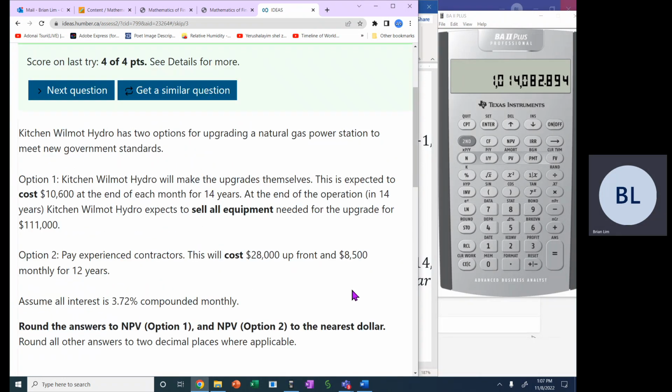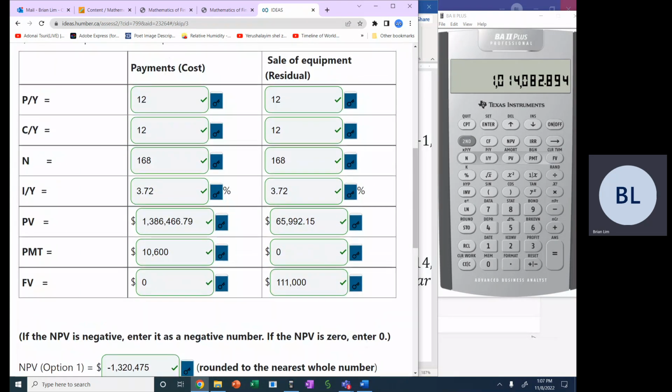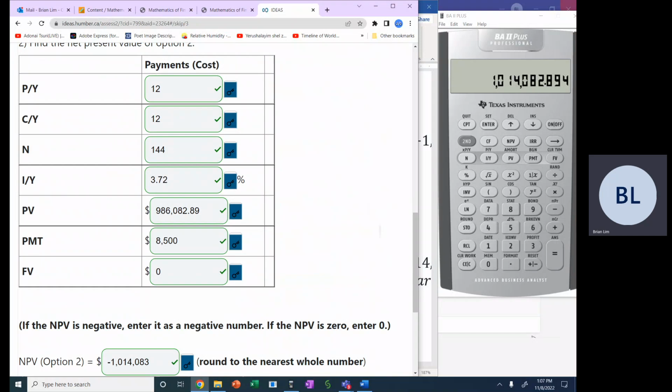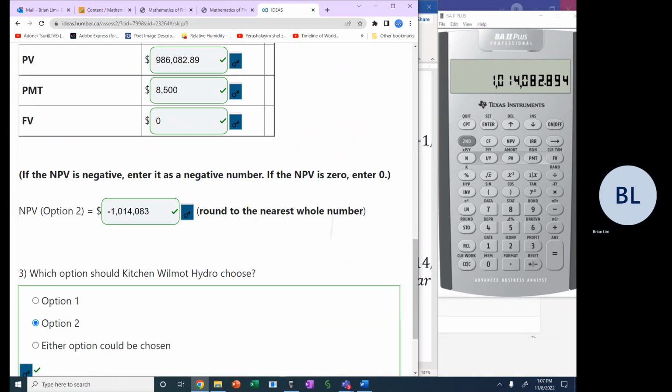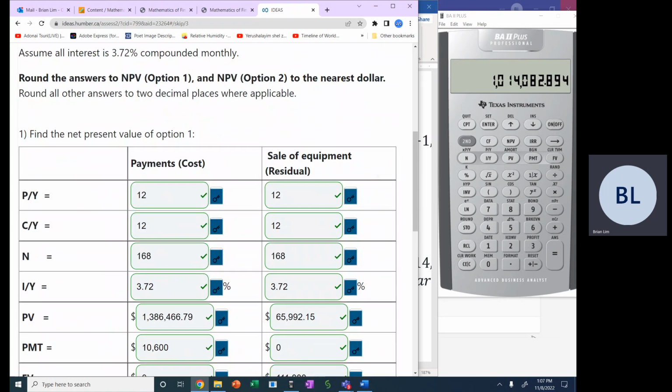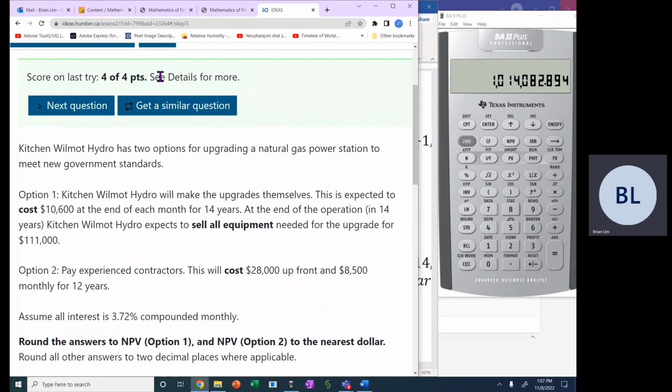And we submit, and let's see what happens. Yes, everything is doing well. All is marked correct, and option 2 is also correct. And to check that all marks have been obtained, we can go to the top and we see it's 4 out of 4. Okay, so that's a situation where you have 2 options.